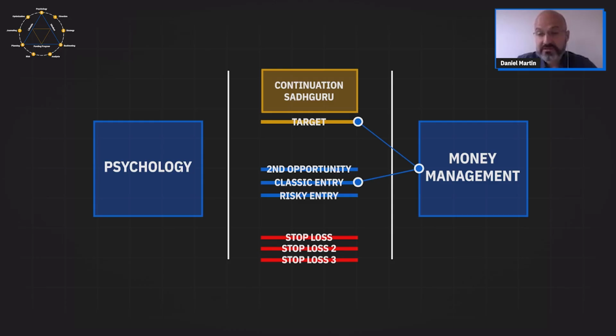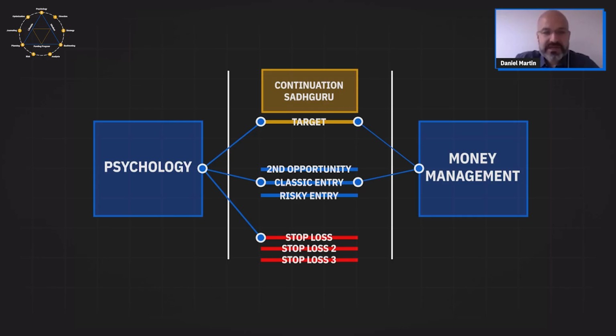How much you're risking depends on how much risk you can take. Can you lose £100 a day? Can you lose £1,000 a day? It depends on your personality. Psychology will be involved in all these aspects, everywhere will be affected. So you need to have very clear rules on which one you're going to choose, because if we have 3 entries, which one matches your money and psychology, and gives you balance.